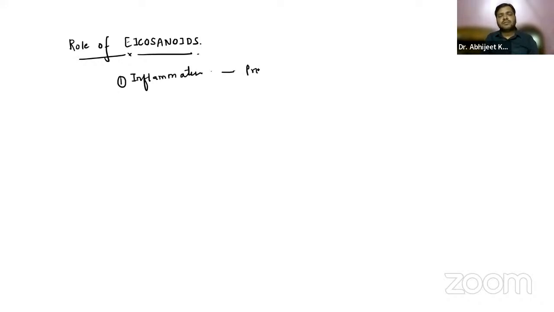Prostaglandins are the ones derived from arachidonic acid. Prostaglandins basically promote vasodilation, blood vessels dilation, and vascular permeability.